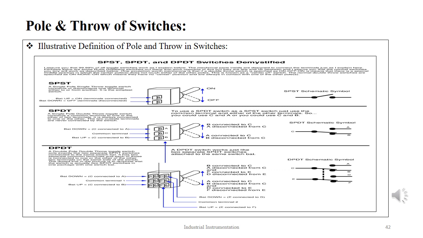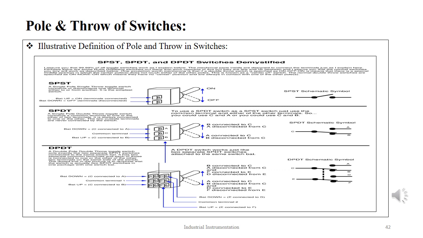A double pole double throw toggle switch acts exactly like two separate SPDT switches connected to the same switch bar. It has two separate common terminals and each of these is connected to one or the other of the two terminals on the same side of the switch.